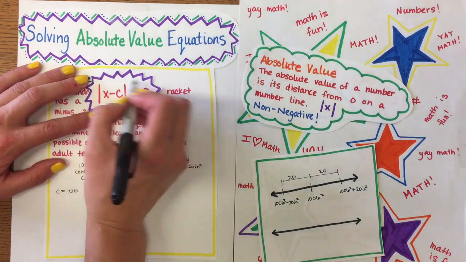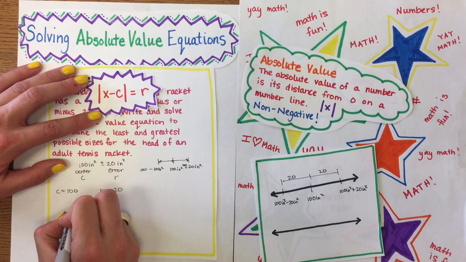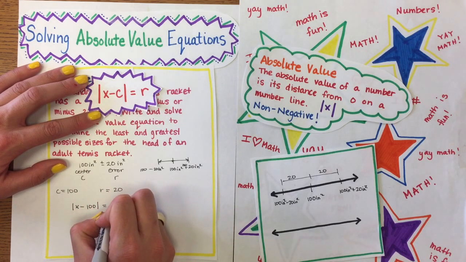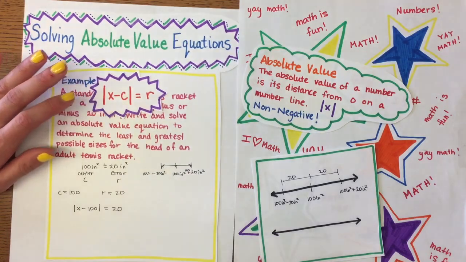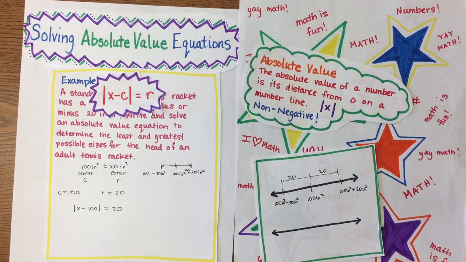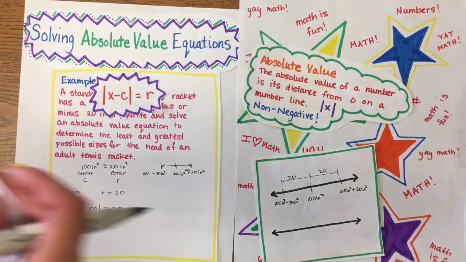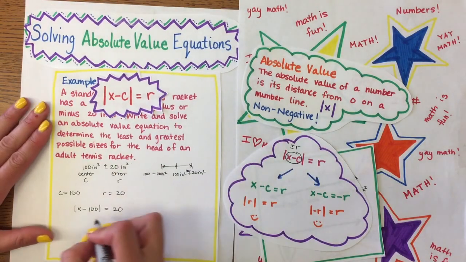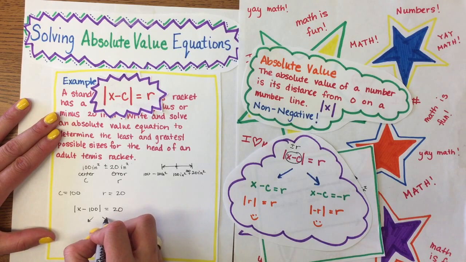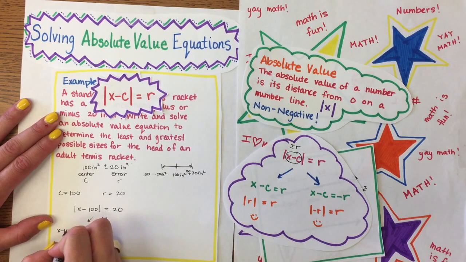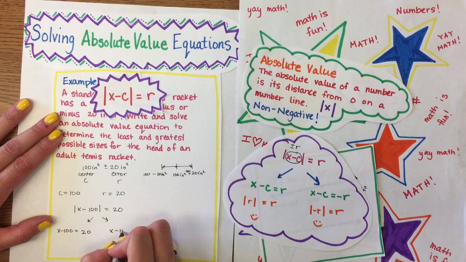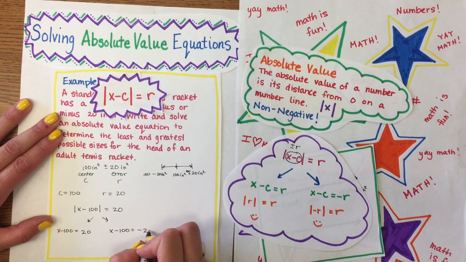So that means I can plug into this formula, the absolute value of x minus the center is equal to the error. And if we follow that thought process of solving, this gets divided up into two things. x minus 100 could be equal to positive 20, or x minus 100 could be equal to negative 20.